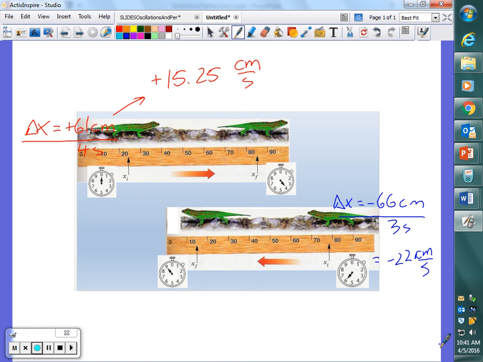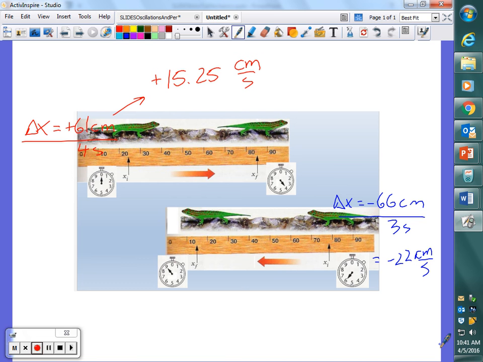Question. Sorry, finish writing that down. You tell me, can it be negative? That's a good question, right? So what is this asking you to calculate? The average velocity. Velocity is a vector quantity. It has to tell us two things, right? What does it have to tell us?